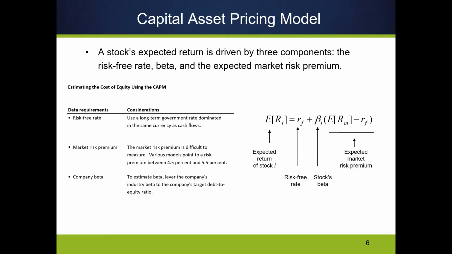So to calculate CAPM, we need to do a few things. First, we need to establish what the risk-free rate is. And this is observable. It's not something we have to calculate. For the risk-free rate in a US-based company, we're going to use a 10 to 30 year US Treasury bond, which is a bond issued by the US government. US Treasury bonds are considered to be very low risk.